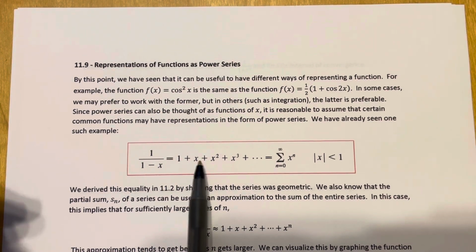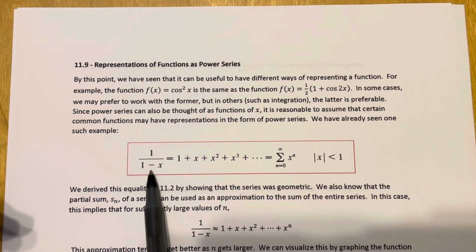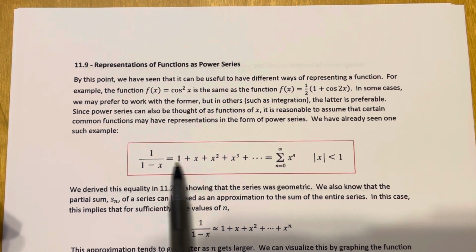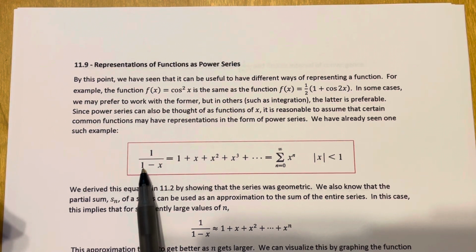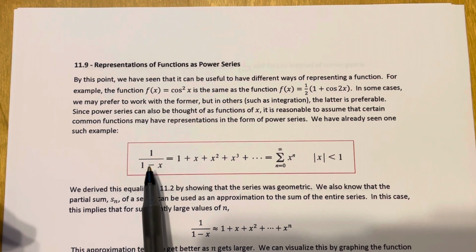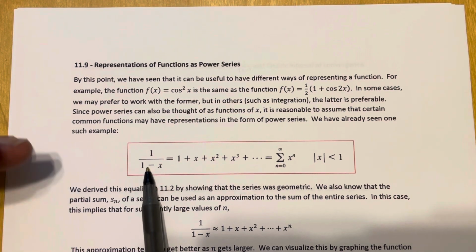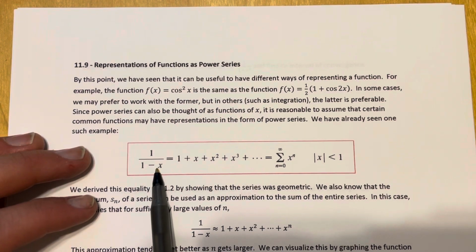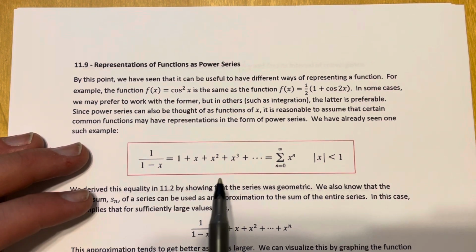Now, oftentimes, when you have a function like this that's equal to a power series, we refer to this side, this 1 over 1 minus x in this case, as the closed form for that function. Basically, that means it's a way of representing that function with a finite number of terms, whereas here we have the same function but with an infinite number of terms.